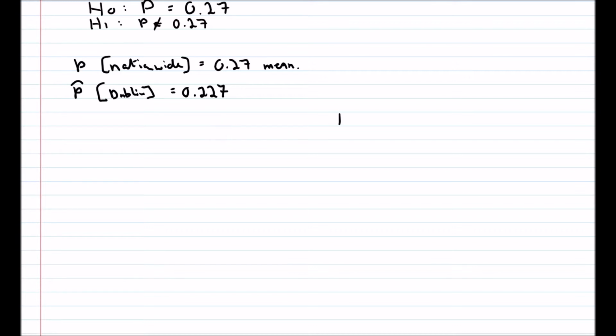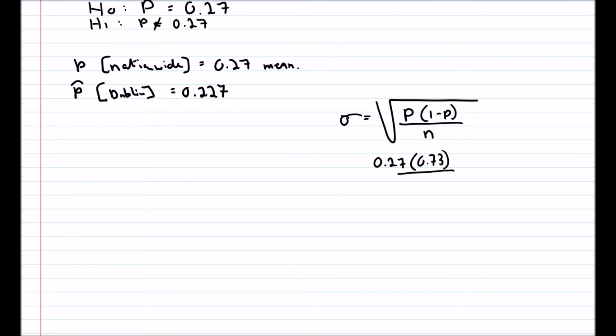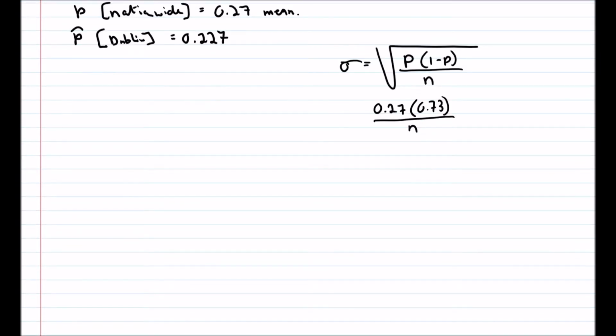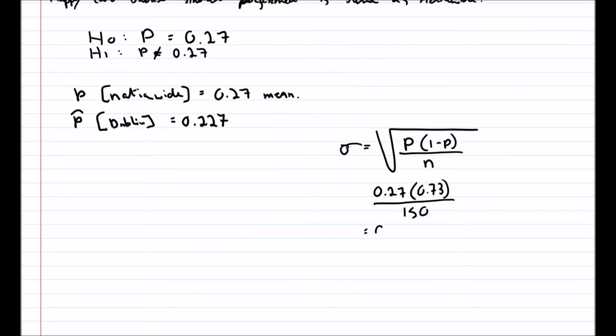So now we get our standard deviation, our standard error: the square root of the population proportion, 0.27, multiplied by 0.73, all over n, which was 150, and that will give us 0.0362.